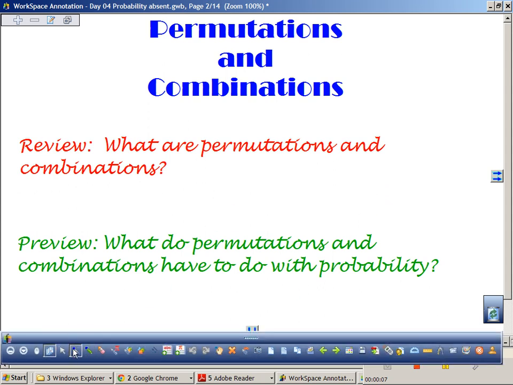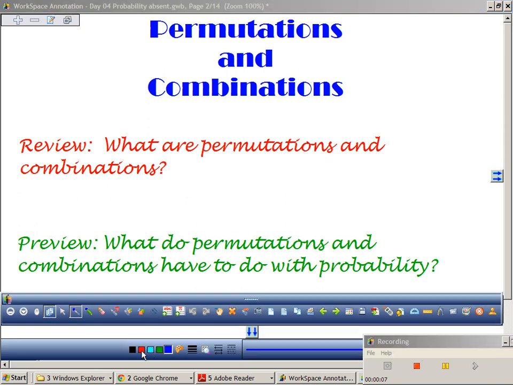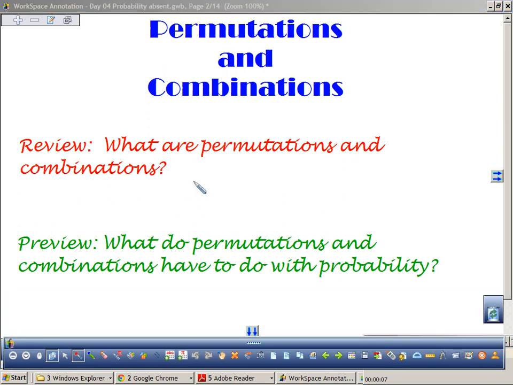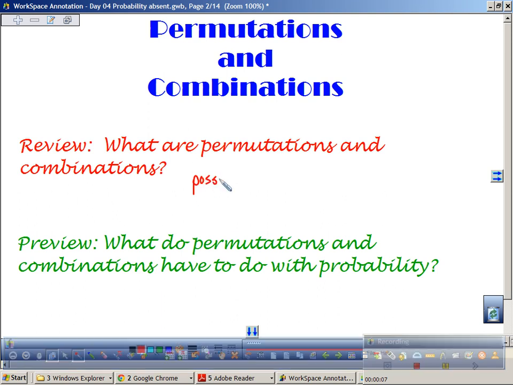Well, it's talking about all the different outcomes, possibilities. Permutations are possibilities that have order, and combinations are possibilities that don't have any order. It's just randomly chosen.